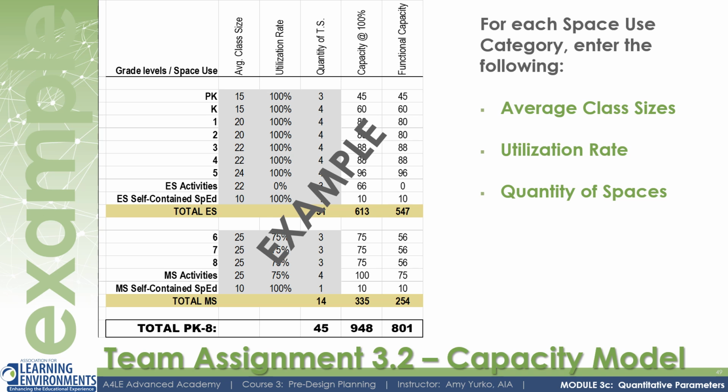This, of course, happens also at the middle school level, and we also need to accommodate and account for the fact that middle schoolers go to their activity programs, which actually do count as utilization spaces. So where you see 0 entered at the elementary level, you see the normal 75% utilization added at the middle school activities.